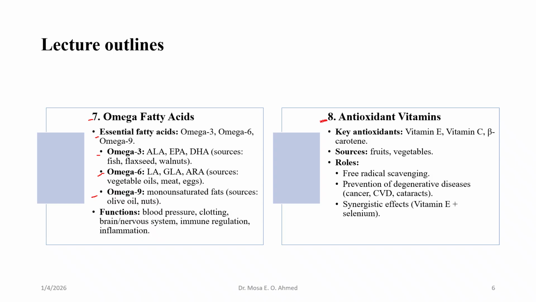The sources of these antioxidant vitamins are fruits and vegetables, and they act as free radical scavengers, preventing degenerative diseases such as cancer, CVD, and cataracts. The synergistic effect of these vitamins is clear when combined with minerals, such as the combination of vitamin E with selenium.